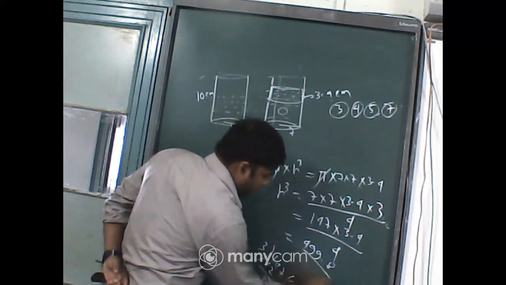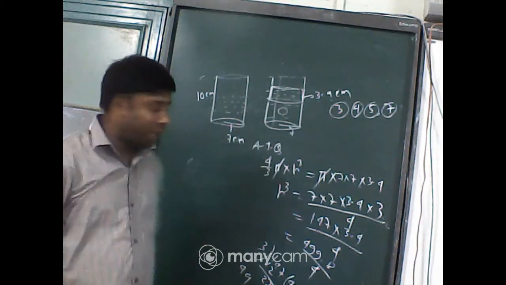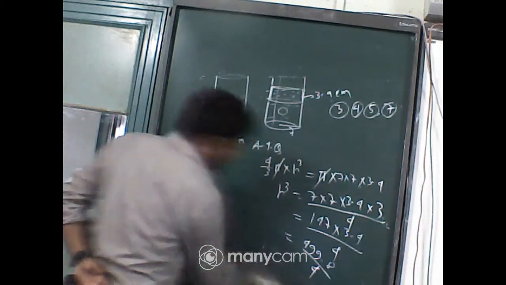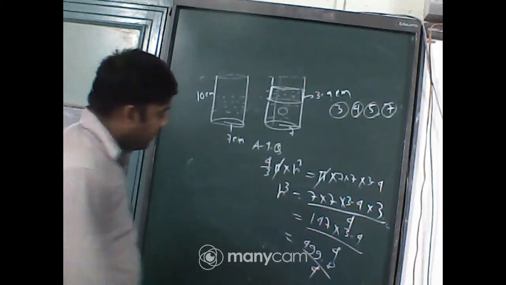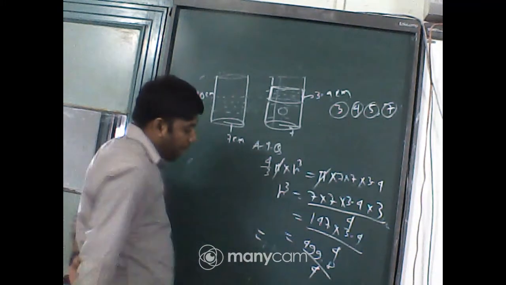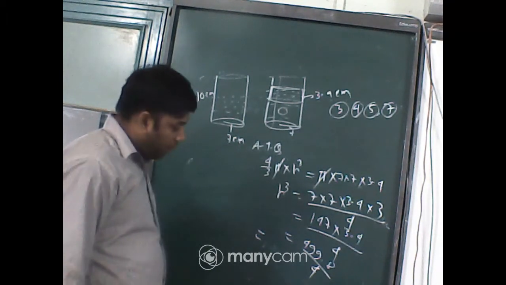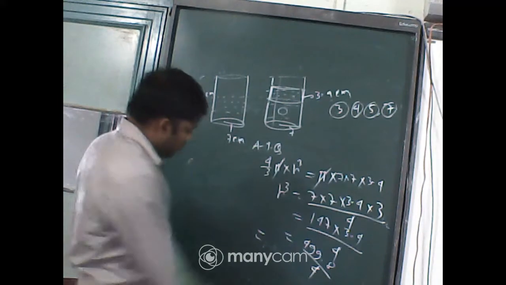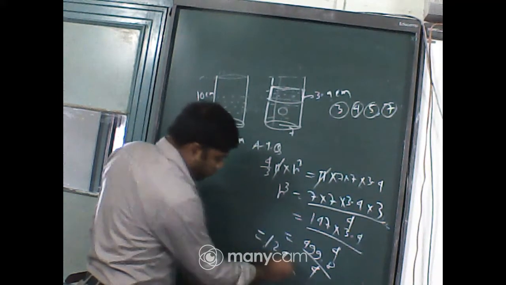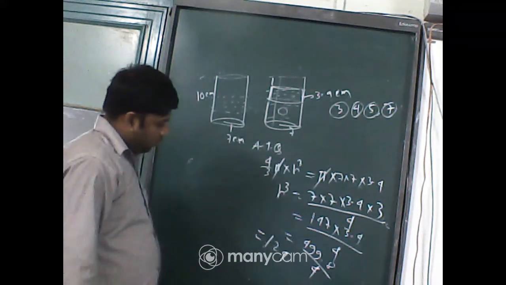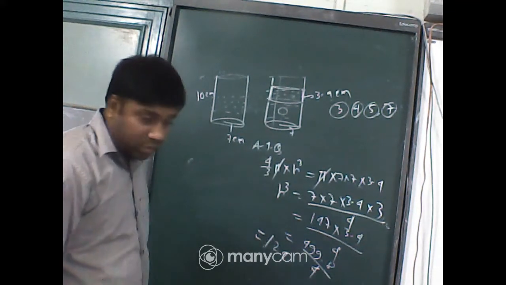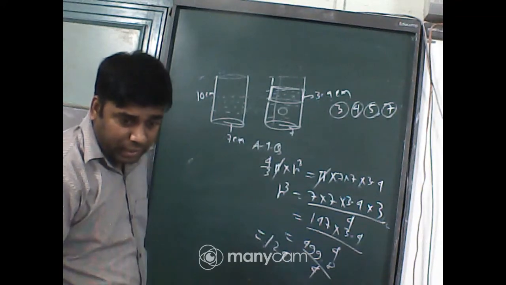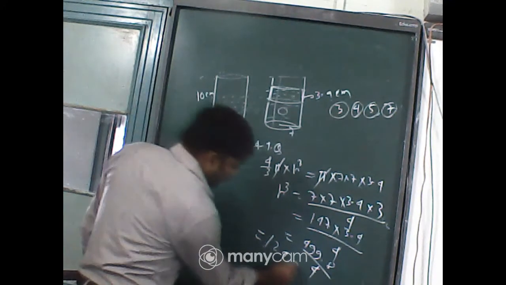So now divide it, you will get approximately 124.9.